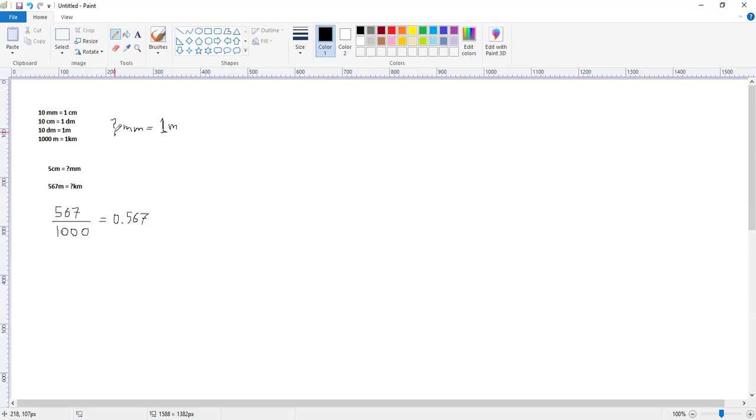And that's 3 spaces. So it would be 1,000.